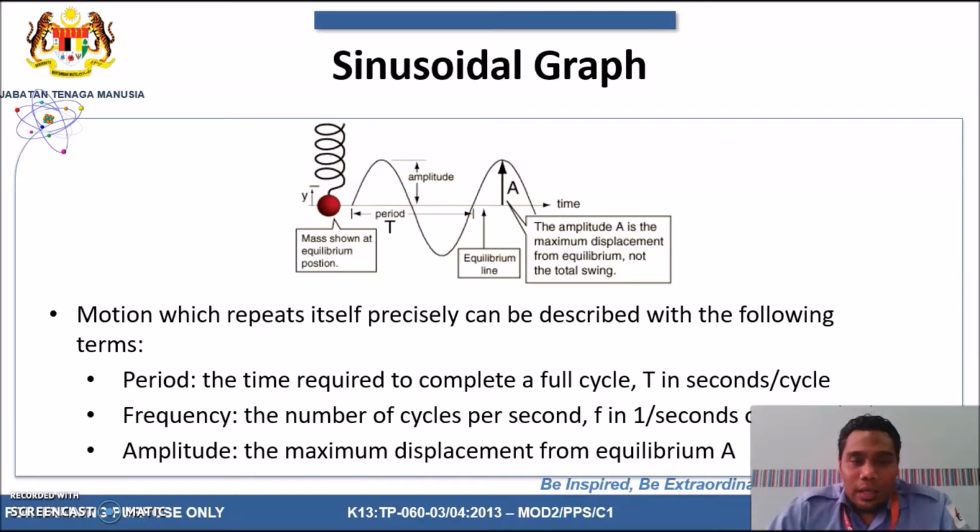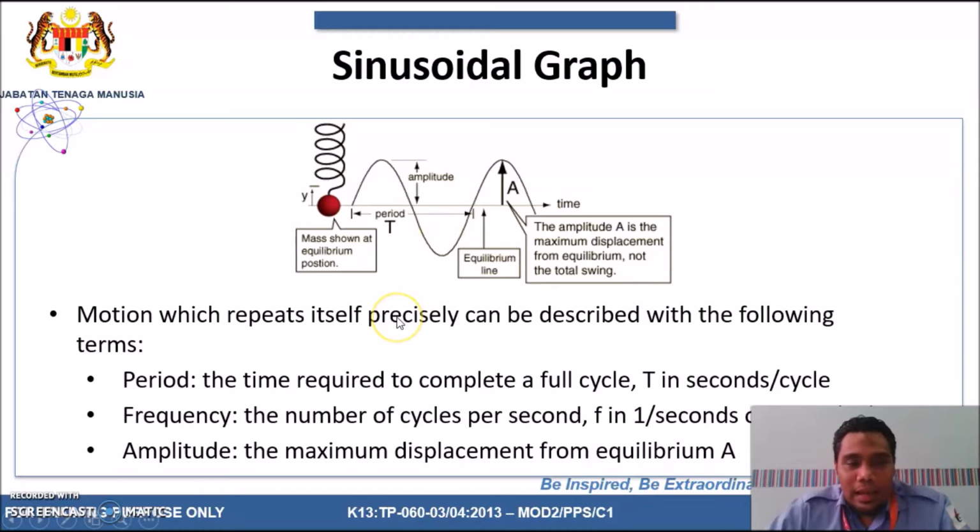So in the sinusoidal graph, we plot the amplitude versus time. So from the graph, we can get the amplitude, the size or the magnitude of the displacement of the pendulum or spring mass. And also we have the period, one full cycle.